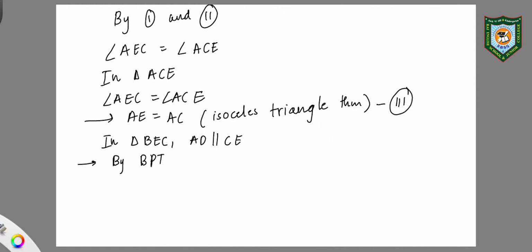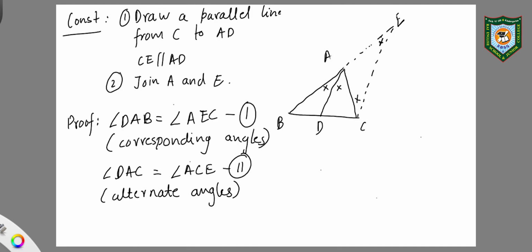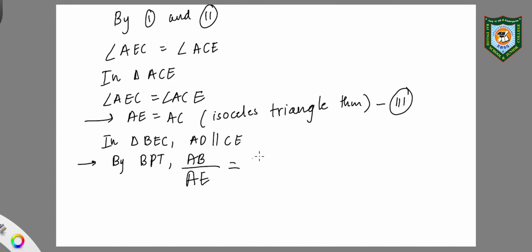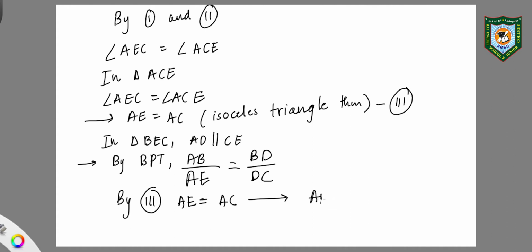So I can simply write AB divided by AE is going to be equal to BD divided by DC. But by result number 3, we know that AE is equal to AC. So I can directly write AB divided by AC is equal to BD divided by DC, and hence I have proved my angle bisector theorem.